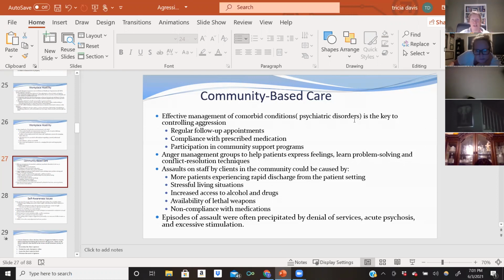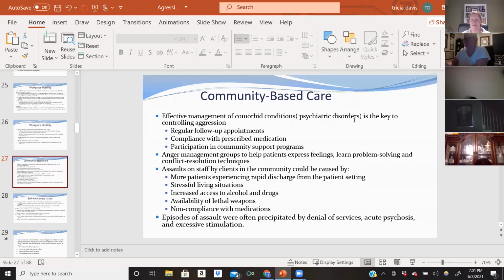And we said earlier that we see this happening because we don't have the beds to accommodate the patients. And if their conditions aren't as serious as some others, then they kind of get bumped and we put them back in the community. And then when we put them in the community, we don't have the resources to help manage their mental illness. So it's kind of a revolving door.